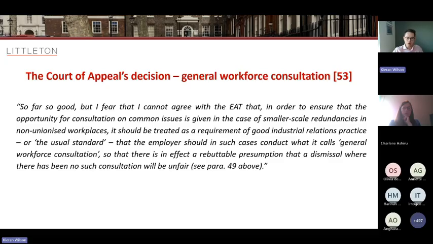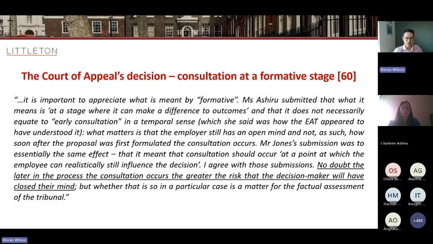The Court of Appeal went on at paragraph 55 to say, "I can see no justification for creating a presumption which would depart from the repeated message of the authorities that redundancy situations arise in an extraordinarily wide variety of circumstances, and that the adequacy of consultation has to be considered on a case-by-case basis." So, general workforce consultation, well and truly put to bed as a requirement for a fair dismissal in this sort of redundancy situation.